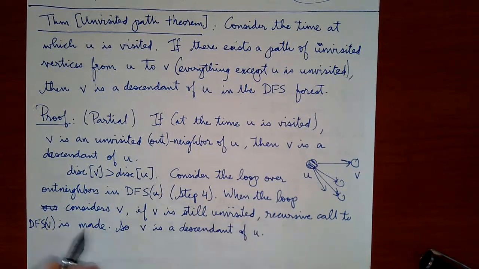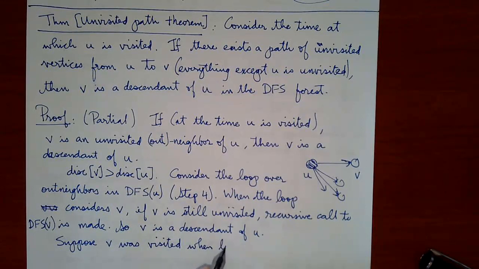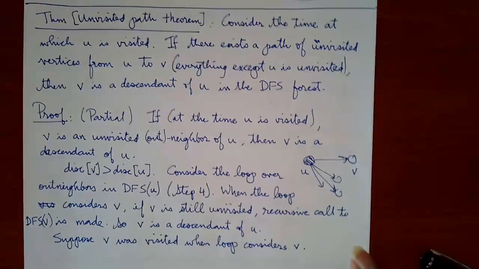Now what you need to do is instead suppose V was visited when the loop considers V. What does that mean?